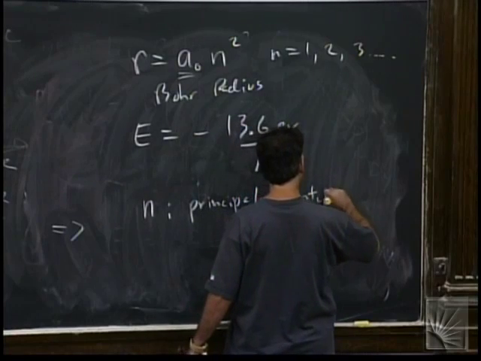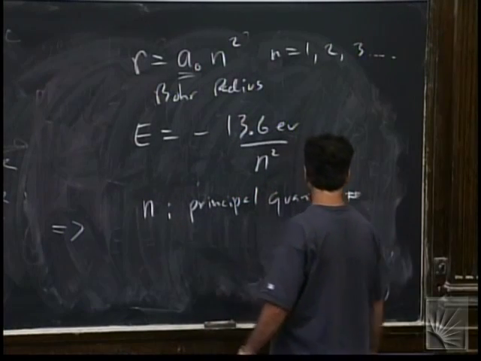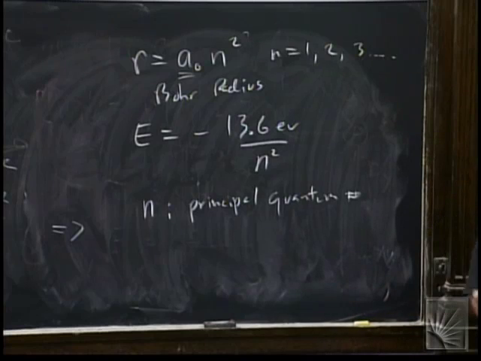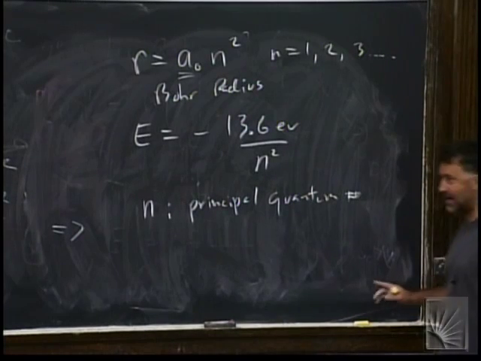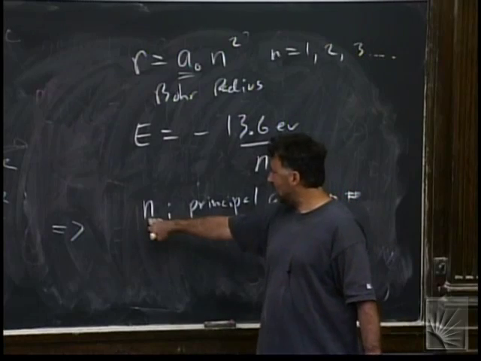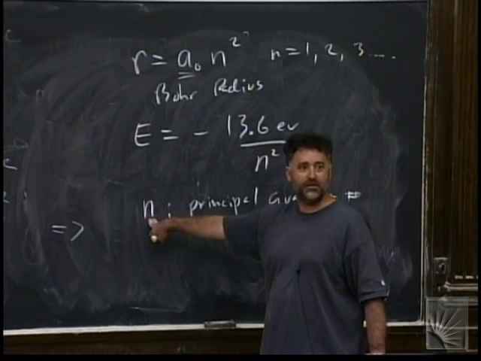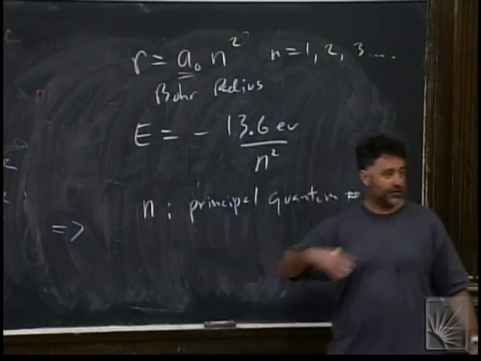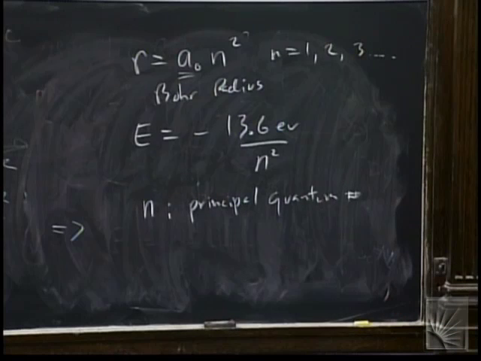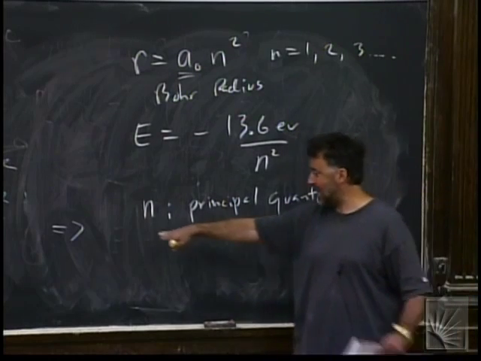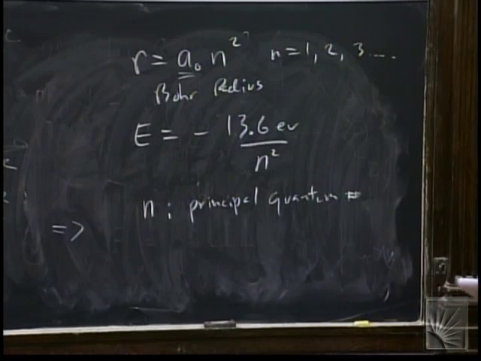It's called the principal quantum number. And this survives to the full treatment of the hydrogen atom: n designates basically the energy level. So when you do the full one, your wave functions and energy levels will include that designation.